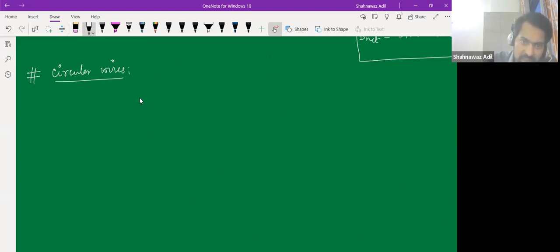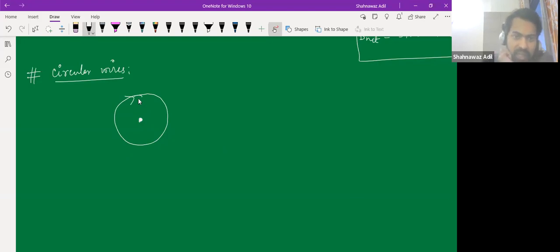So let's say we have this wire, right? And let's say the current is flowing like this. So if we want to calculate the magnetic field at center, how do we calculate? And remember that this is clockwise.